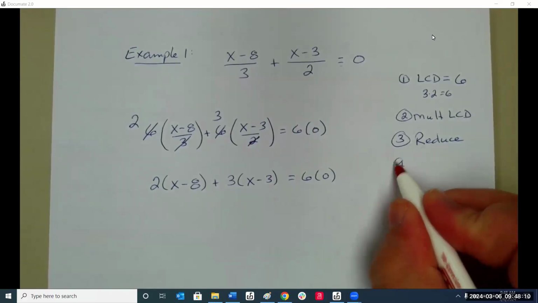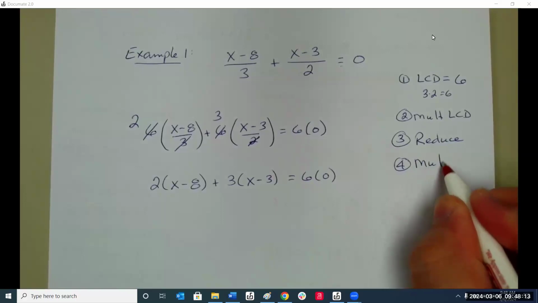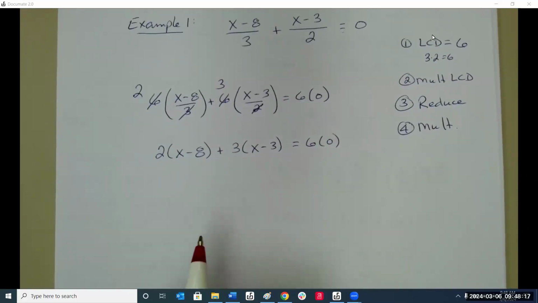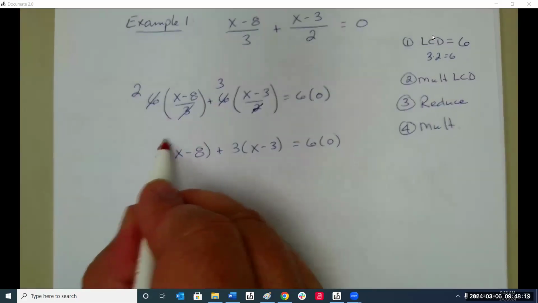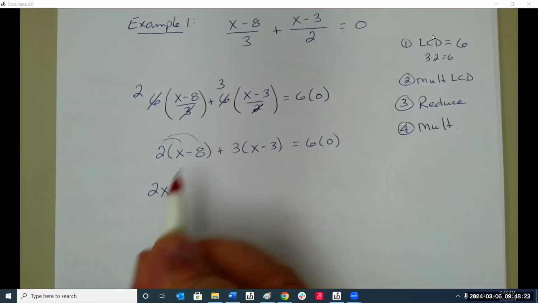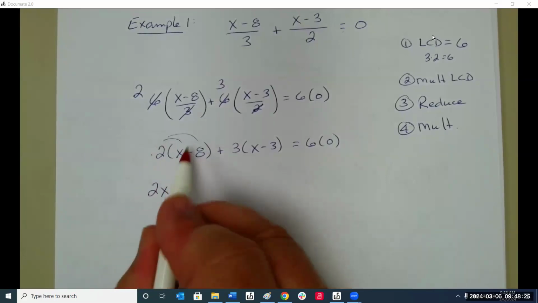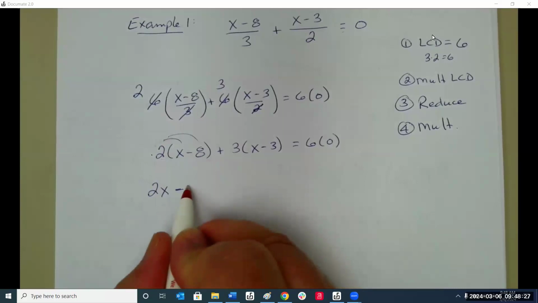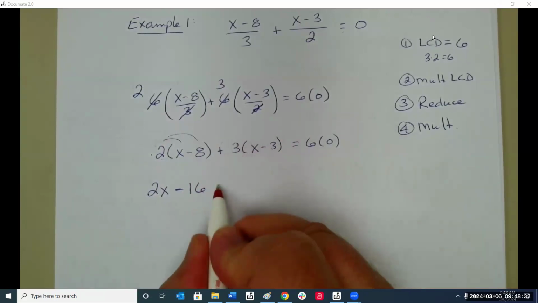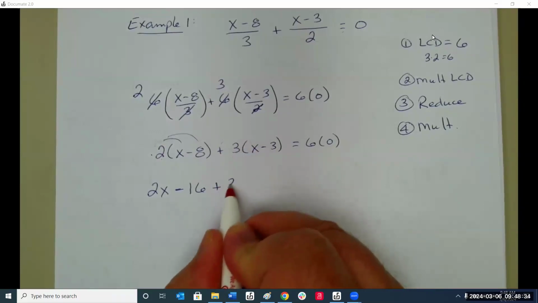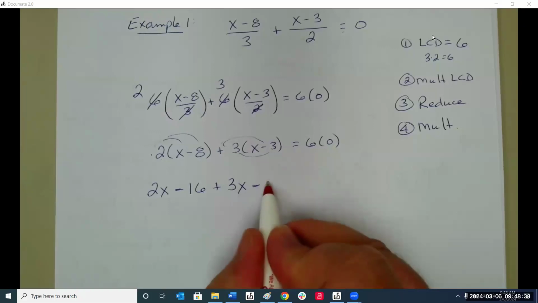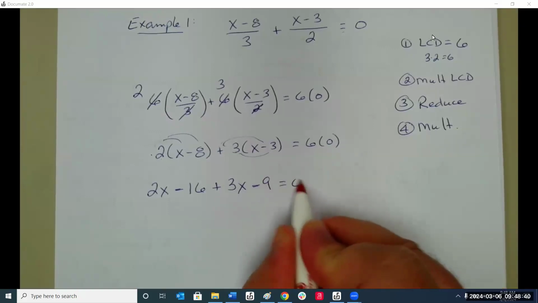So my fourth step is multiply to get rid of the parentheses. 2 times x is 2x. Positive times negative is negative, 2 times 8 is 16. Positive, positive, 3 times x. Positive times negative, 3 times 3 is 9. Equals 0.